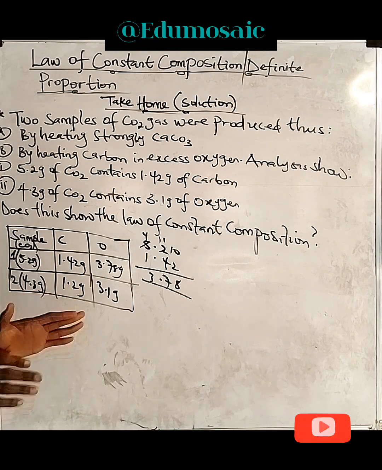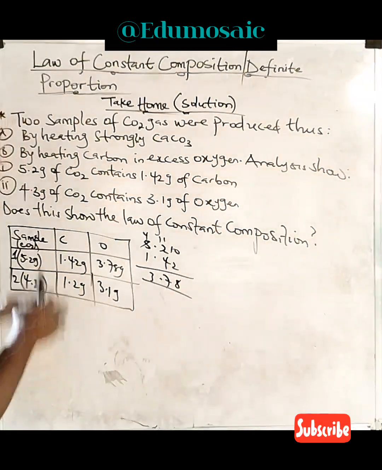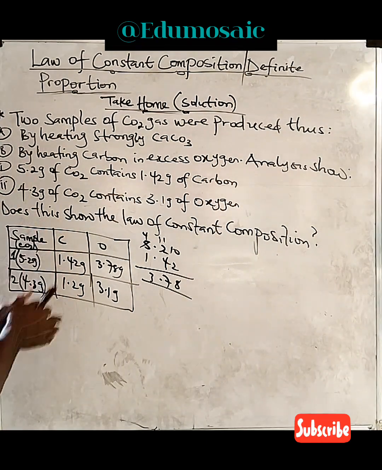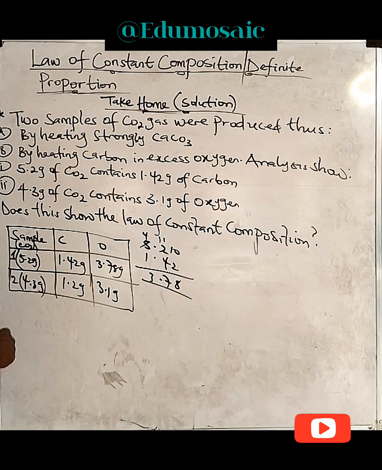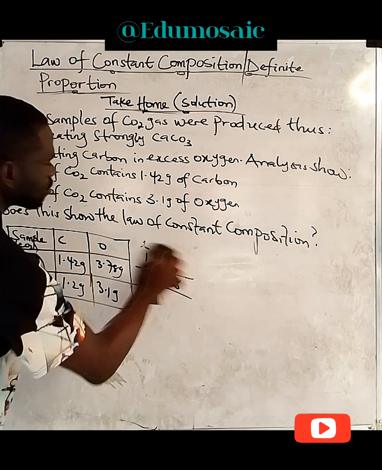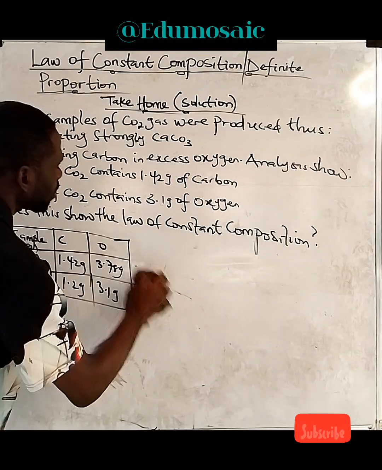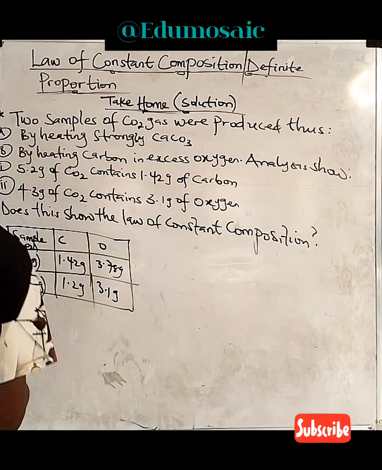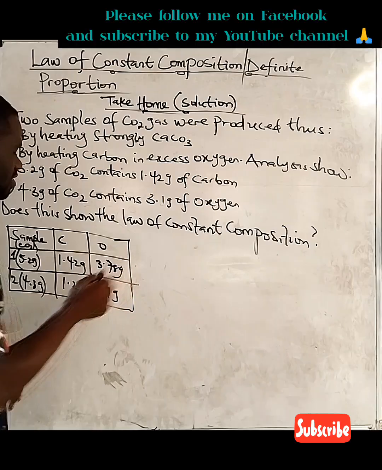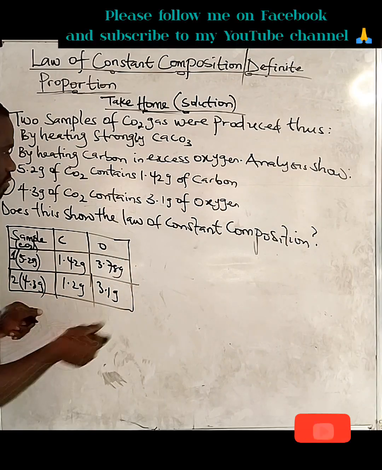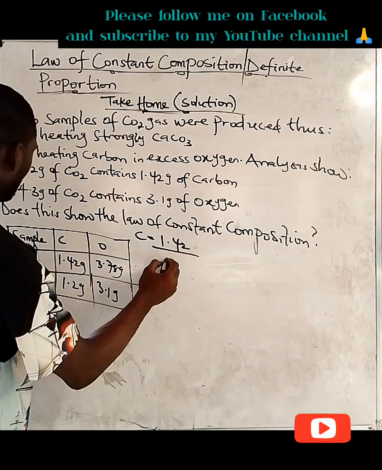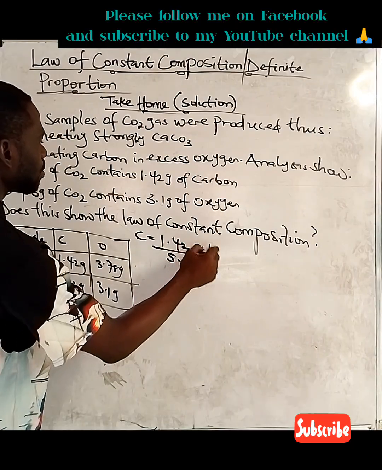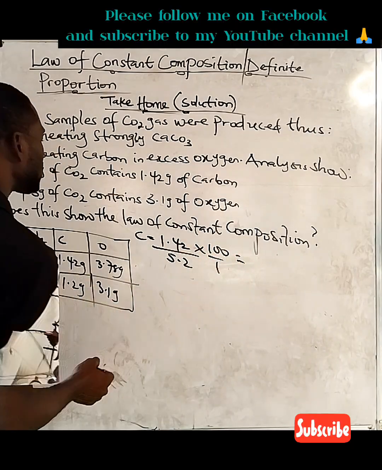And how do we get to know if this whole experiment obeys the law of constant composition? We're going to be checking the percentage, or the proportion, or the ratio of carbon to oxygen in each of the samples. First of all, carbon: we have 1.42 gram of carbon over 5.2 gram of CO2 times 100 over 1. That's for the first sample.